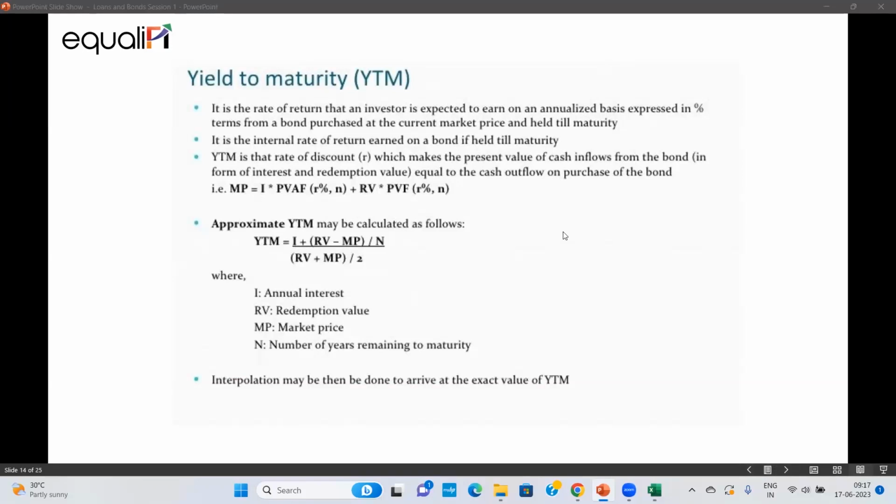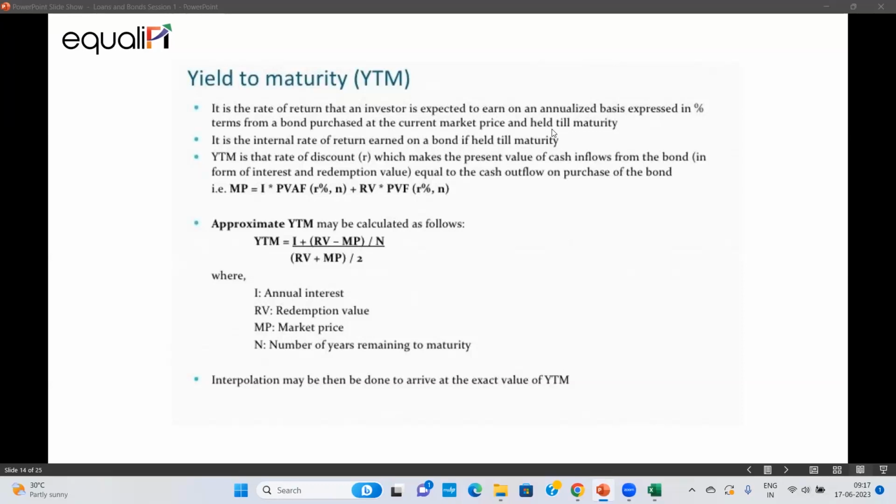Yeah, it is trading at a premium. That's true. If a bond is trading above the face value, that means the yield will be lower. No, it is not mentioned, but the market value is 1050.